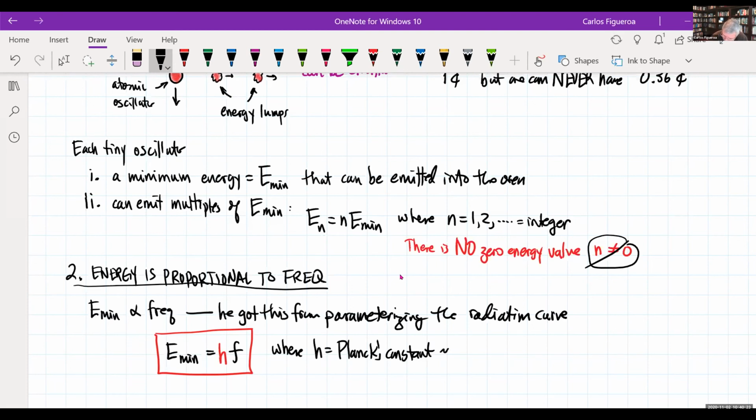This is the one I said is about 10 to the negative 34 joule-seconds. Not good units, but nonetheless, it's there. So what does he mean when he says this?